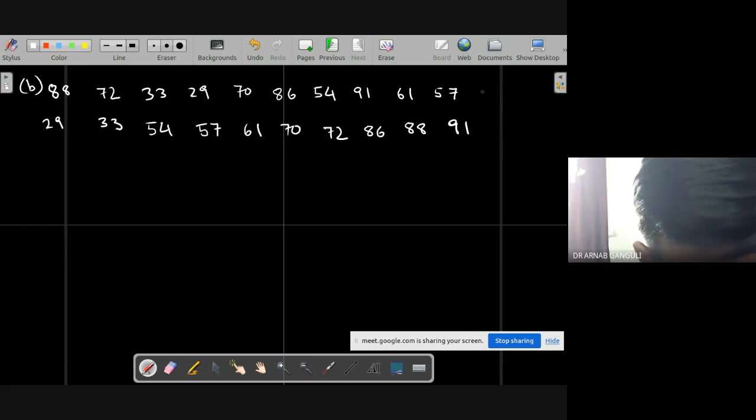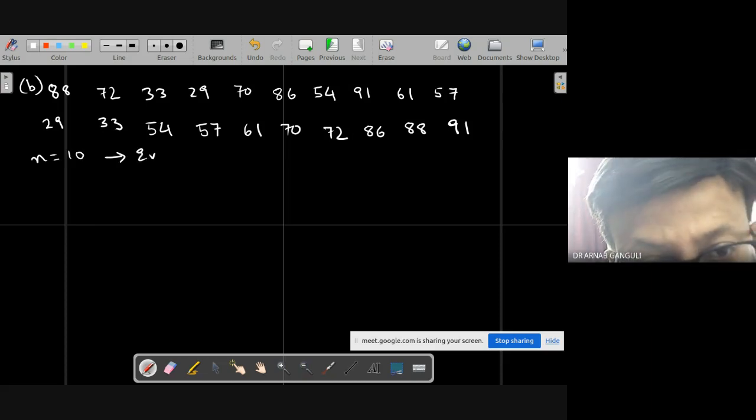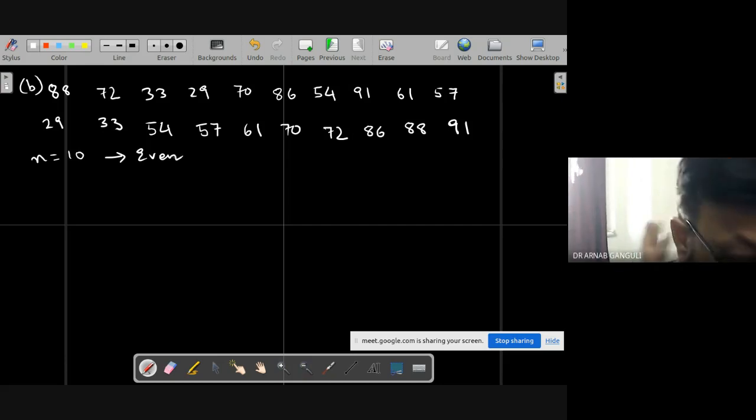So here n is equal to 10, and that is even.